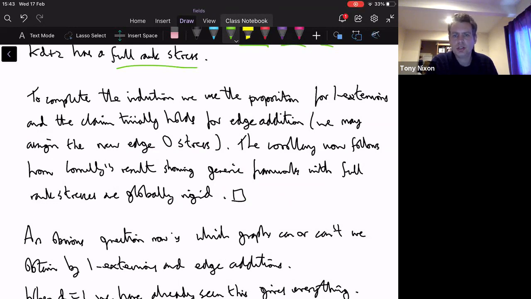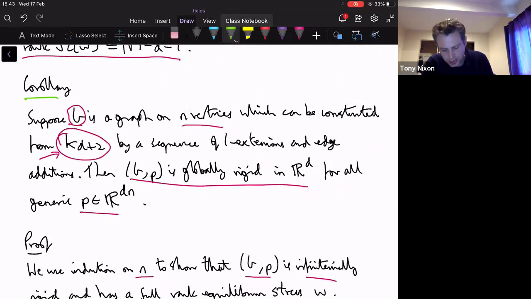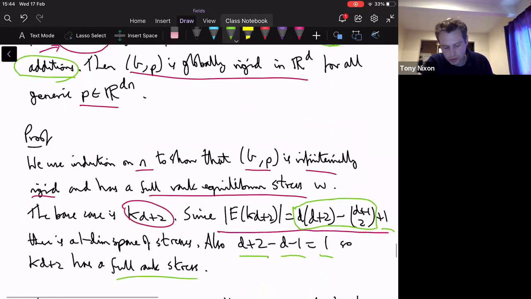But if you do an edge addition to a graph with a full rank stress, just assign that new edge 0 as its stress, and your new thing has a full rank stress. You might worry, since I was worried about zeros before for the one extensions, and you want to mix one extensions and edge additions. Sorry, I didn't actually say it: when we're doing the corollary, I did mention edge additions, I didn't say it verbally, but we need it in there.